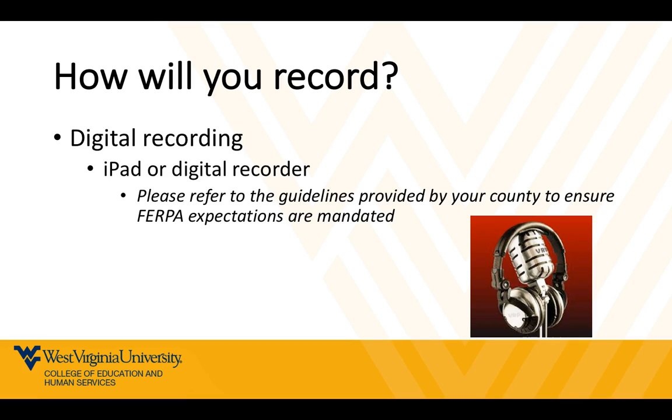The next step that you need to have thought about is how you're going to record your sample. Because this is going to be an audio sample, if you choose to submit it to the West Virginia SLP Resource Library, you're going to need to have a digital recording. You can do this on an iPad or a digital recorder.